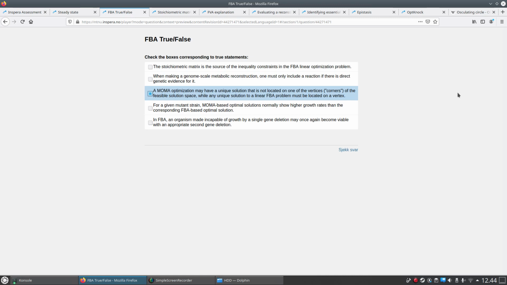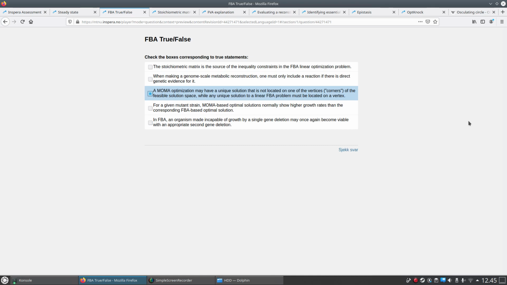That is not a requirement, and in practice you'll often see that MoMA performs quite a bit below optimal growth. Essentially, since we're optimizing for growth, it's impossible to have a MoMA-based solution that shows a higher growth rate than the FBA-based solution, because the FBA-based solution is optimizing for growth, so this statement is false.